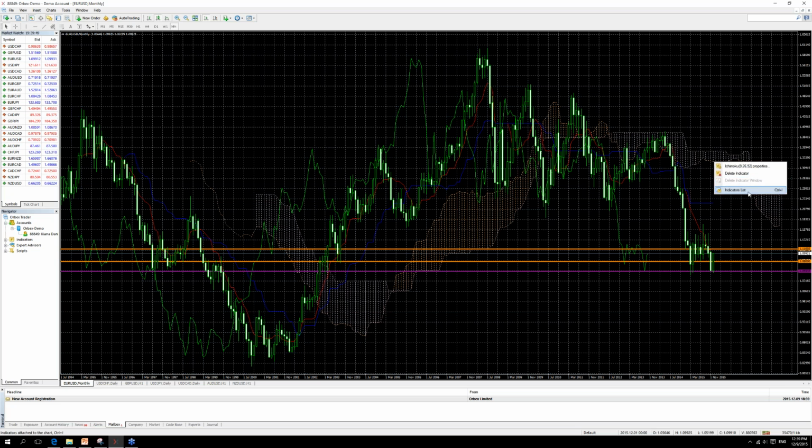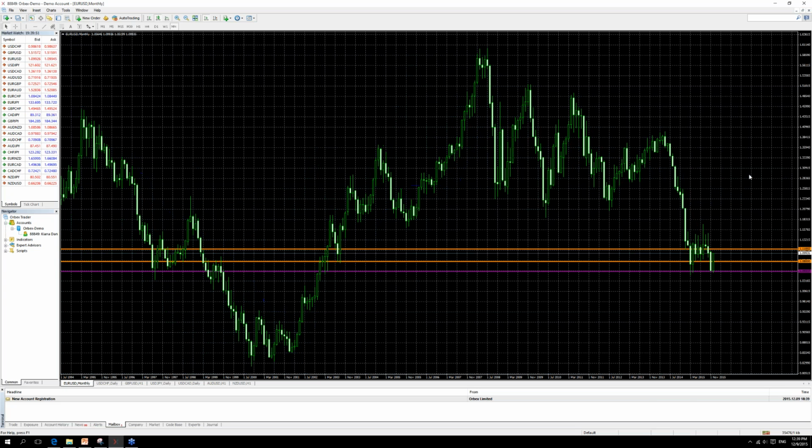Let me remove it for a second and we will bring it back up in a minute. Basically, a cycle started back in 2001, a cycle that reached the highs over here and is now going back down. As you can see, if you look at the highs over here, 1, 2, 3, 4, it's going lower and lower.